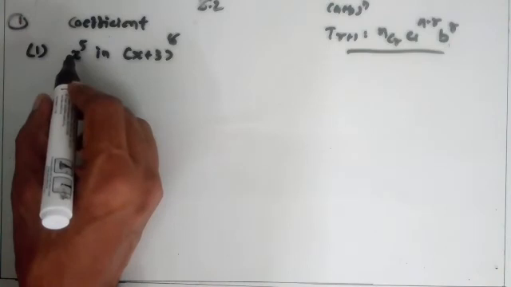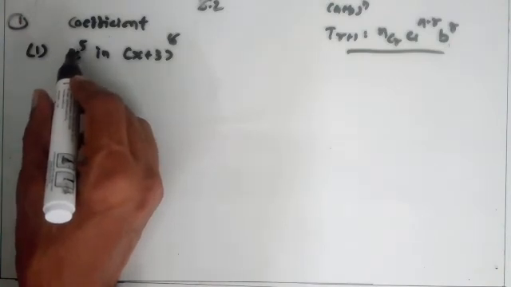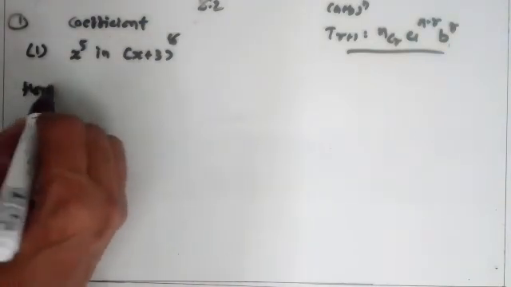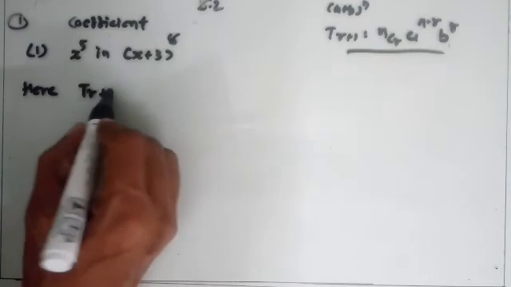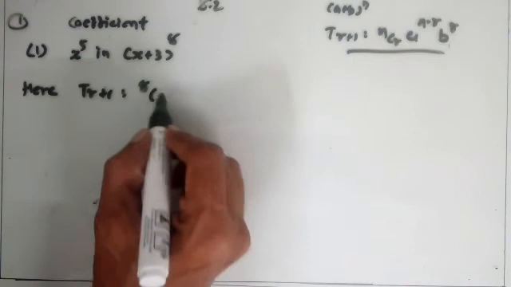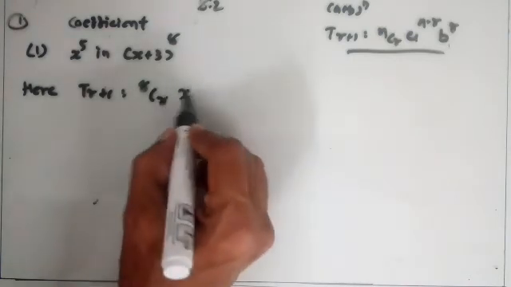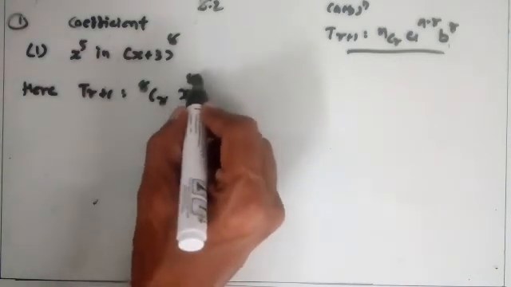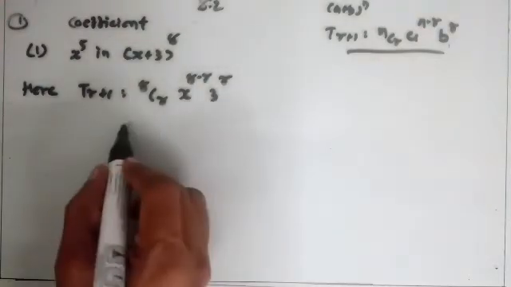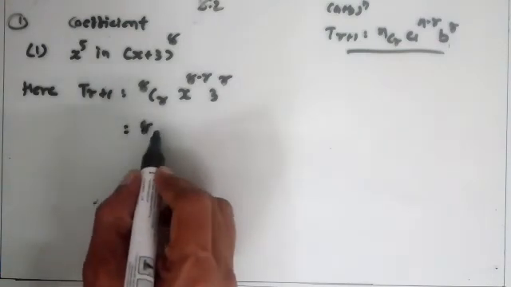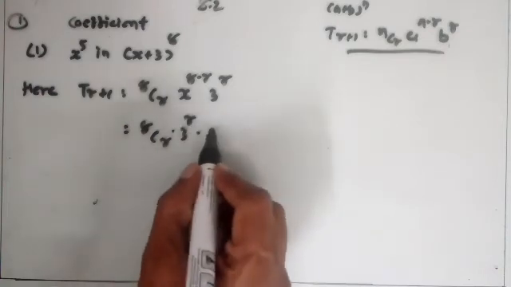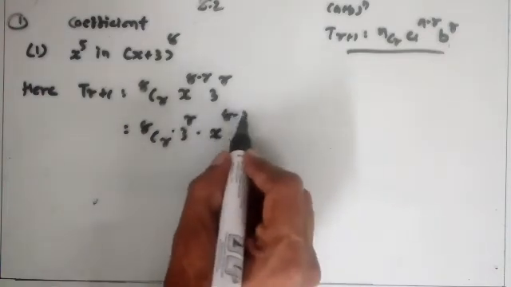Here to find the coefficient of x^5, first we find the (r+1)th term. So here the (r+1)th term is equal to, n is equal to 8 here, 8Cr x^(8-r) 3^r. Clear? So it is equal to 8Cr 3^r times x^(8-r).